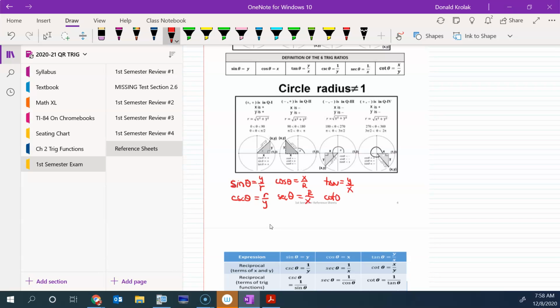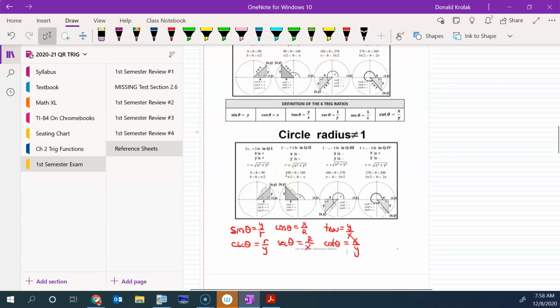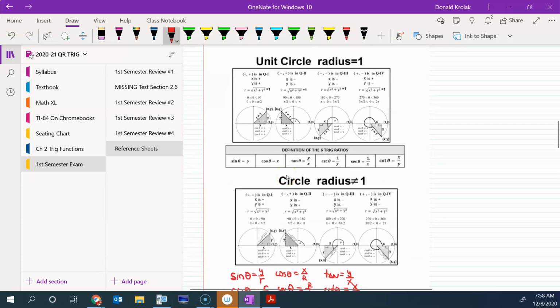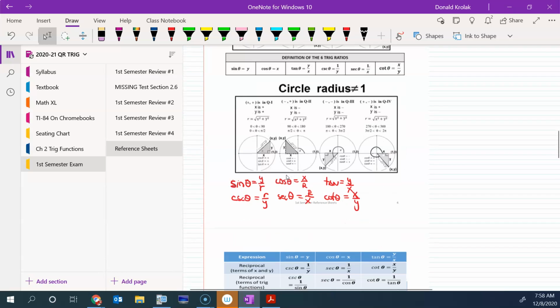Cotangent, flip. You want them to have the r's on it. This one, we didn't have to worry about r because r was equal to 1. So y over 1 is just y. Doesn't affect it.